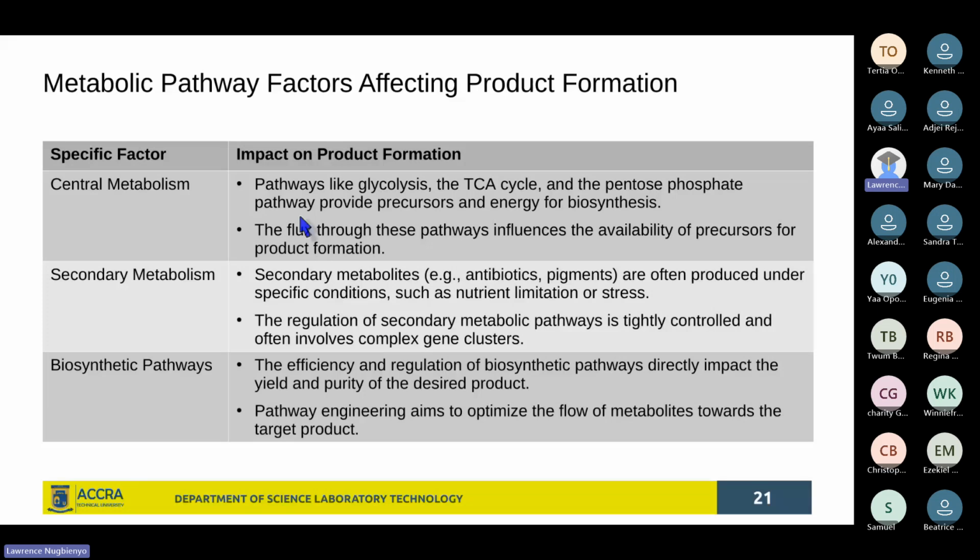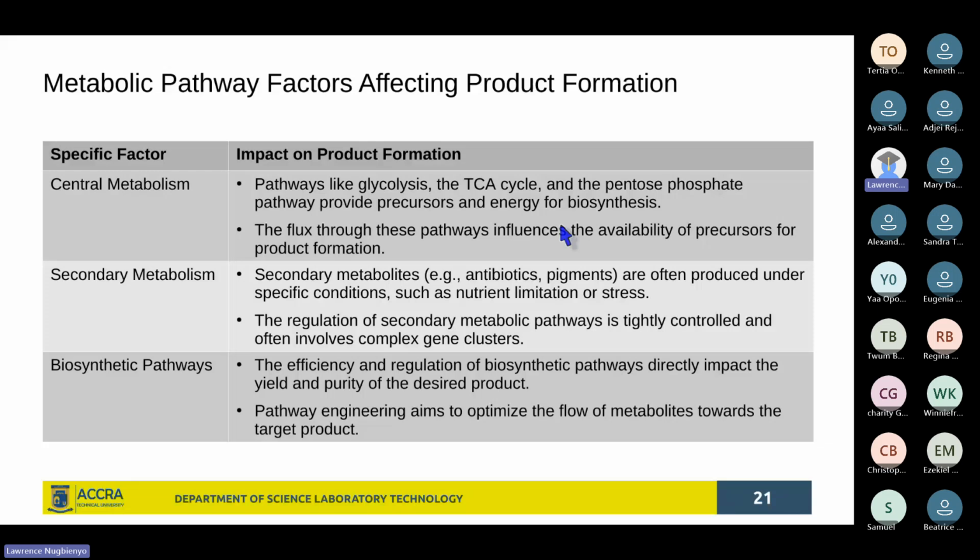So for instance, if you were doing, like I mentioned earlier, fermentation to produce ethanol, you don't want your system to go through the TCA cycle. You want it to go into fermentation. And so you regulate it by controlling oxygen, so you create an anaerobic condition there.